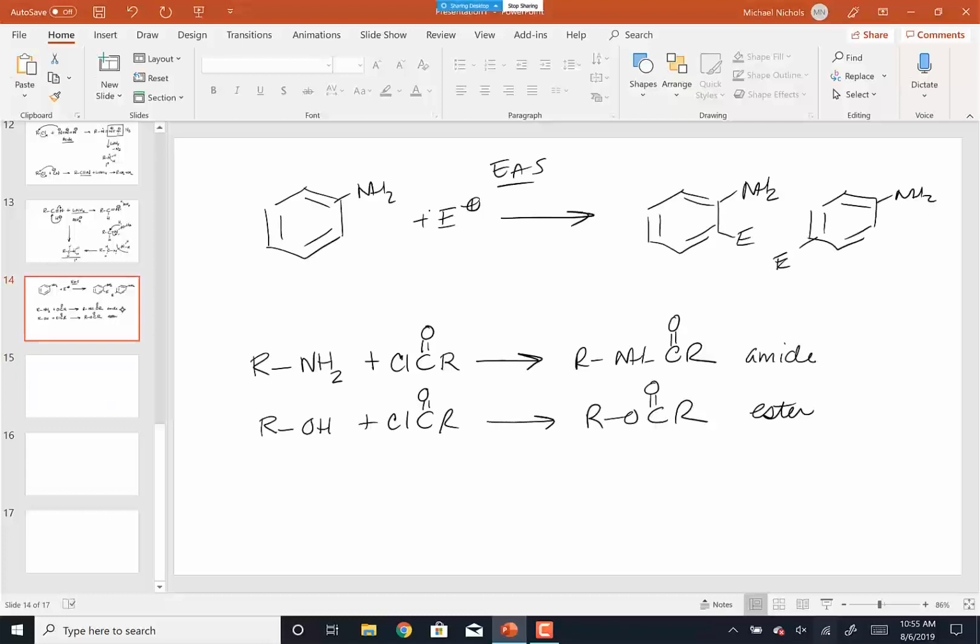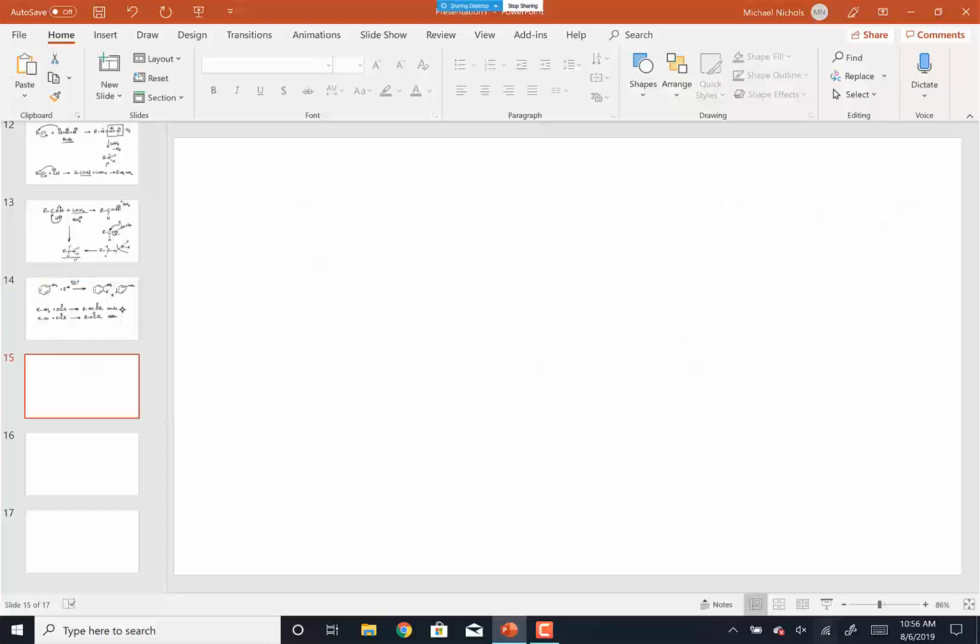Let's expand this a little bit, and we can take a little diversion here for a couple things. We can react the amine. We could react an amine with a sulfonyl chloride.